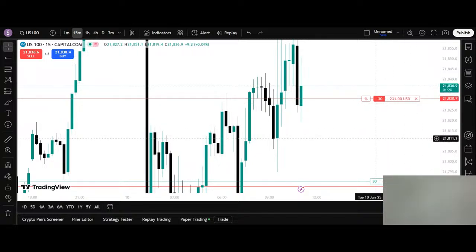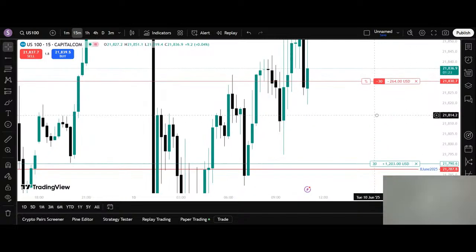There's approximately 1 minute and 30 seconds left for the 15 minute candle to close.